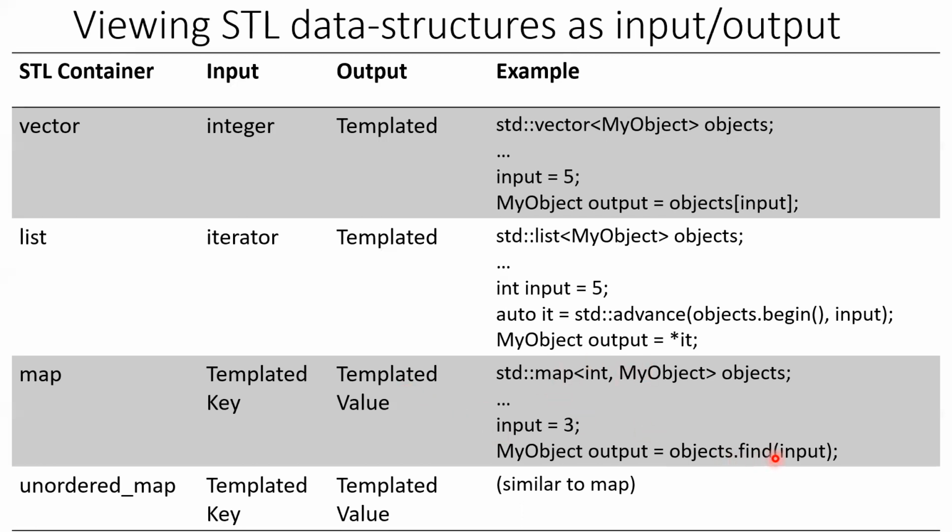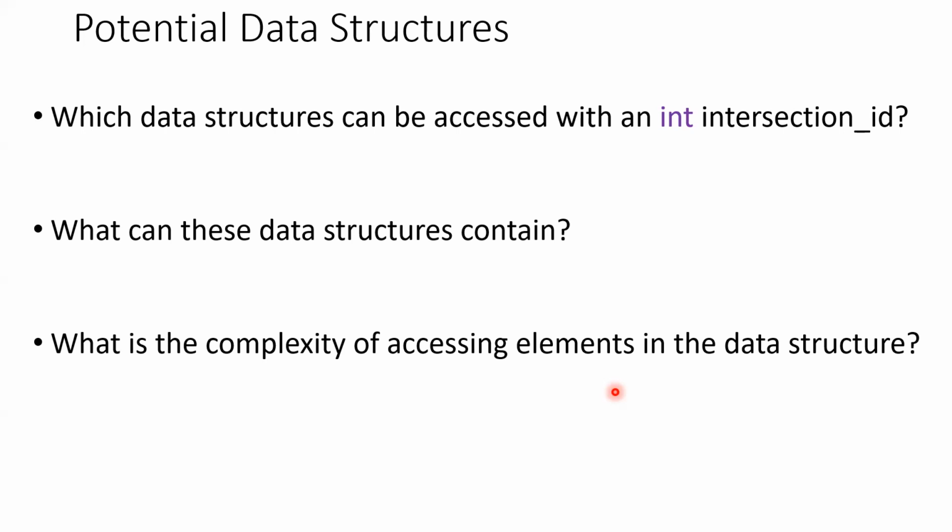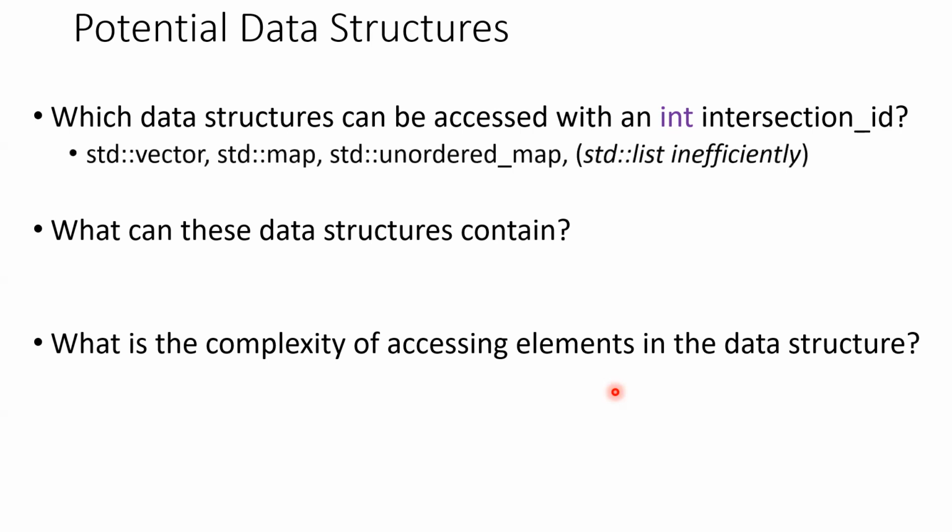For map, we use find. And unordered map is similar to map. So which data structures can be accessed with an integer intersection ID? We have the vectors and the maps.